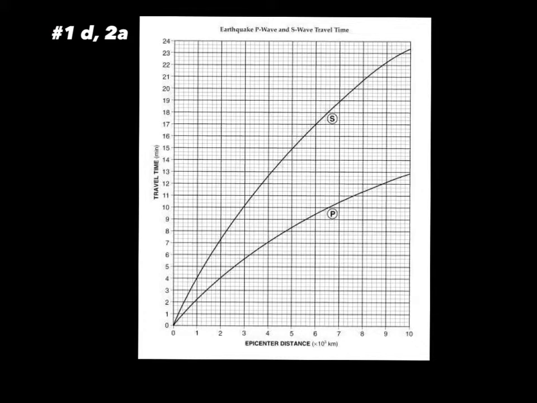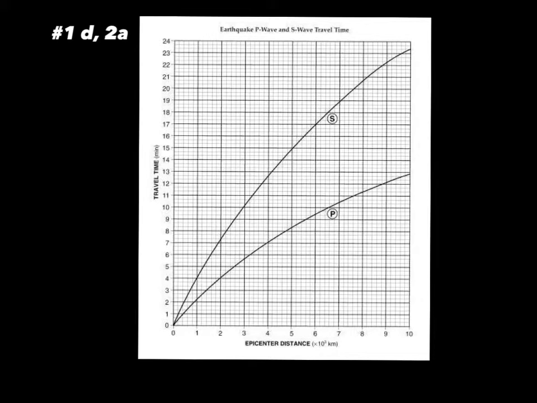Right, for question 1D and 2A, we're looking at the lag time, the travel time. We're looking at the difference between the P and S waves and how fast they went in 1 minute, their travel time for 1 minute. On this one, you would have to take out a note card and drag it on your chart here.